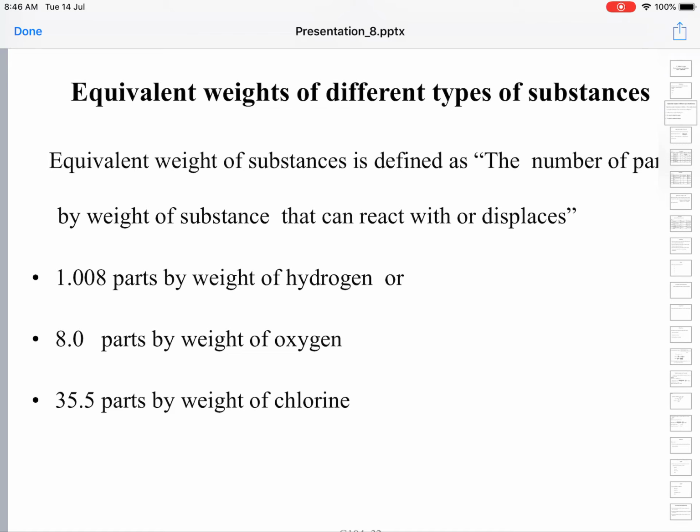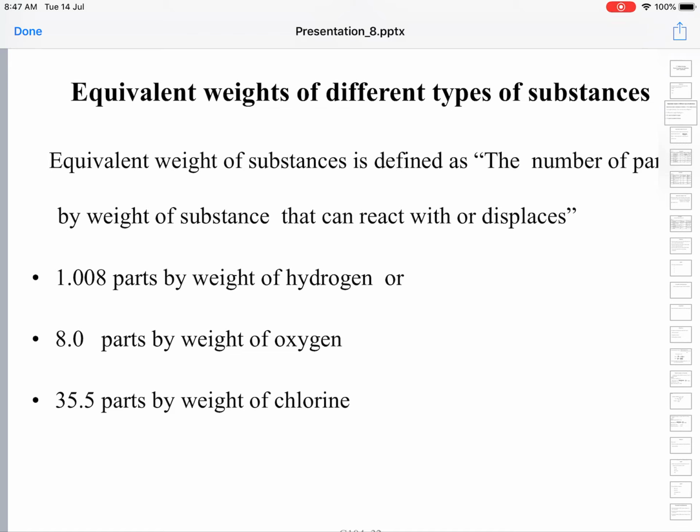Likewise, for oxygen, H2 plus O gives H2O. Hydrogen of 2 grams reacts with 16 grams of oxygen, so 1 gram of hydrogen will react with 8 grams of oxygen. So equivalent weight is basically defined as the weight of substance that can react with 1 gram of hydrogen or 8 grams of oxygen or 35.5 grams of chlorine.